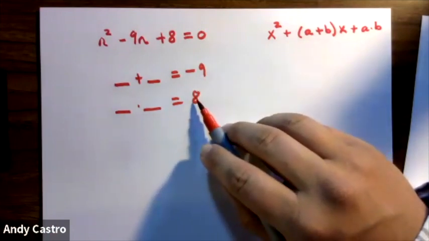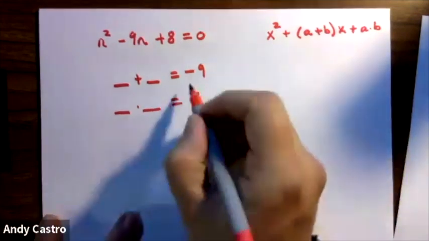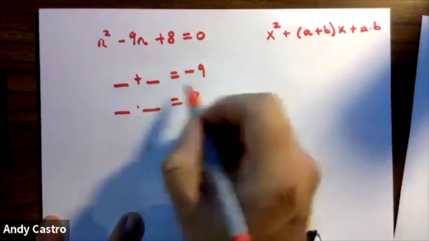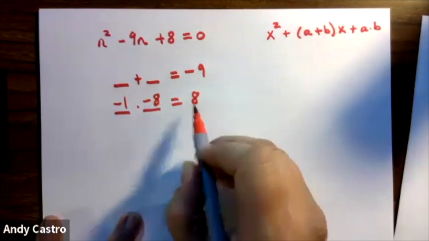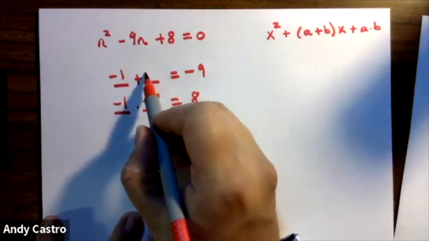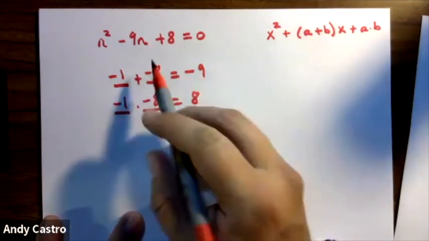Well, what two things multiply to give me 8, add to give me negative 9? Well, 2 and 4 are not going to get us to a 9, but 1 and 8 can give us a 9. So I know 1 and 8. And I know that negative 1 times negative 8 gives me positive 8, but I'm going to need them both to be negative so that when I add them together, it gives me that negative 9.